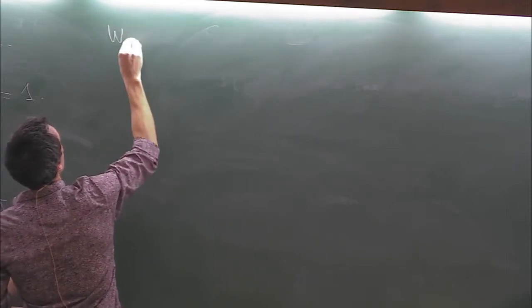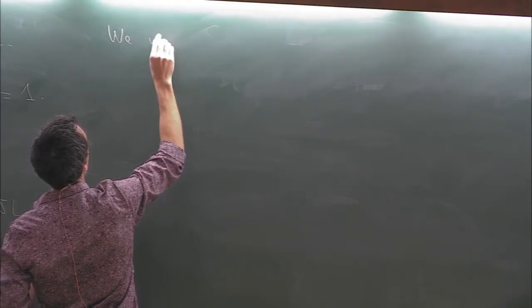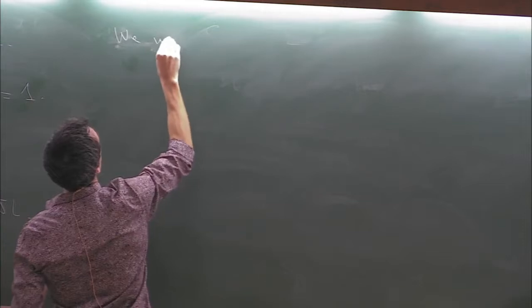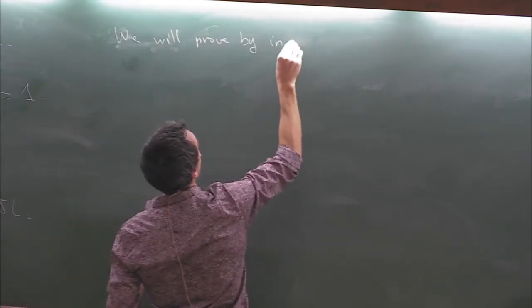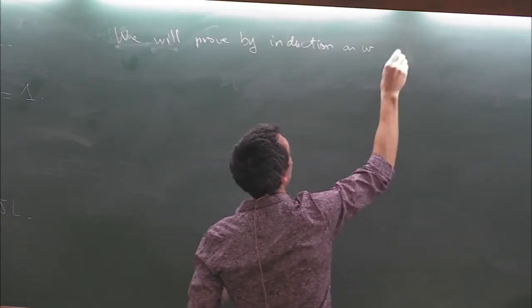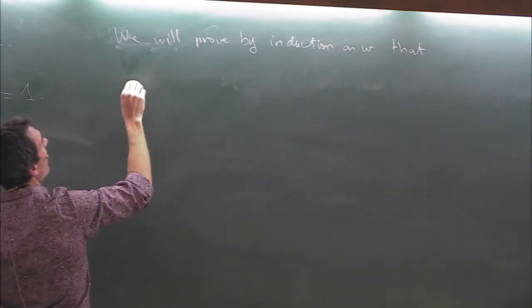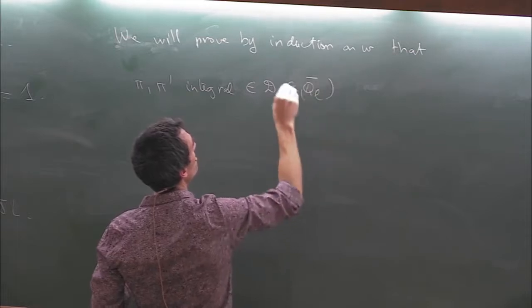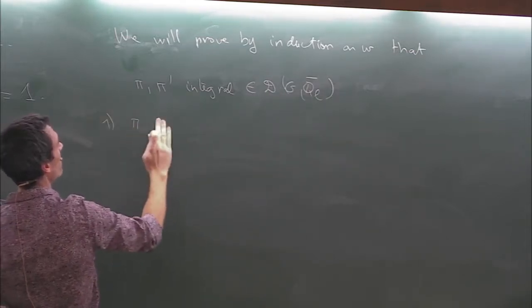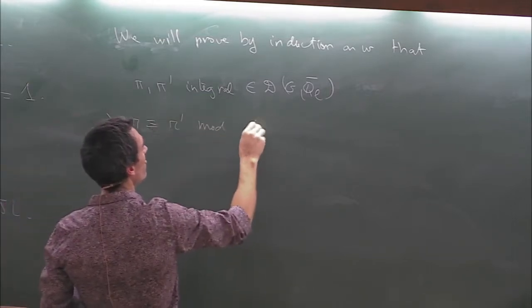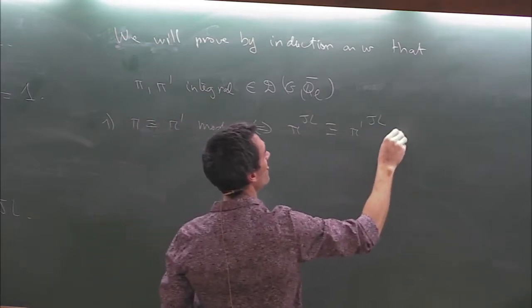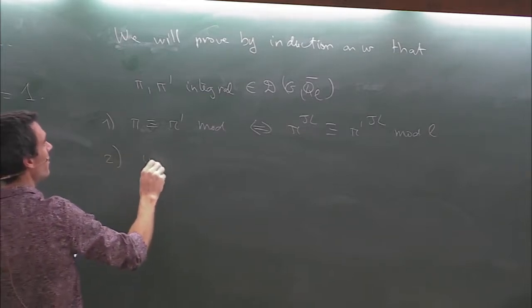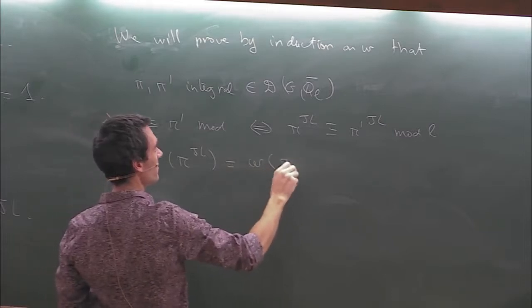So I say it again. We will prove by induction on w that, given pi and pi prime integral in the category, first, pi and pi prime are congruent mod L if and only if their Jacquet-Langlands transfers are congruent mod L. And second, w of pi JL is equal to w of pi.